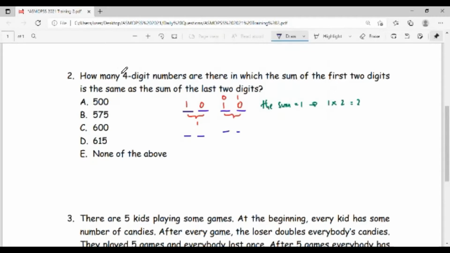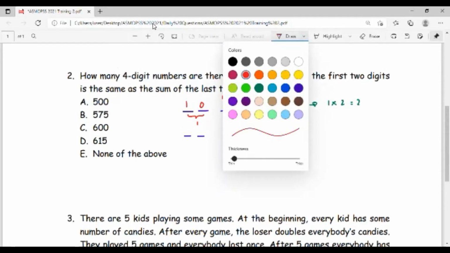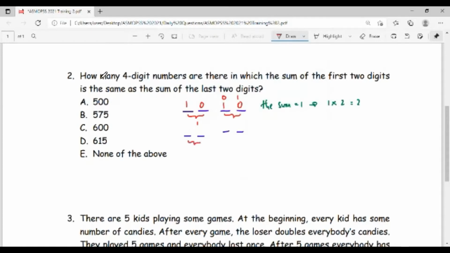Now, for the next sum, we're working with 2, because we can have a sum of 2 in the first group and the second group. It can be 1, 1 or 2, 0. Then here it can be 1, 1, 2, 0 or 0, 2.